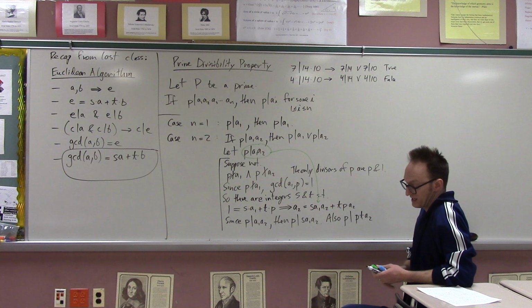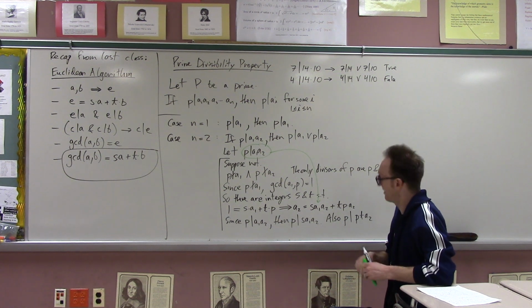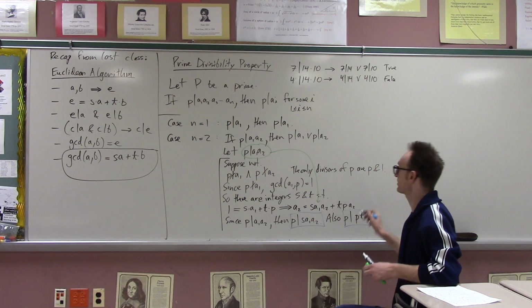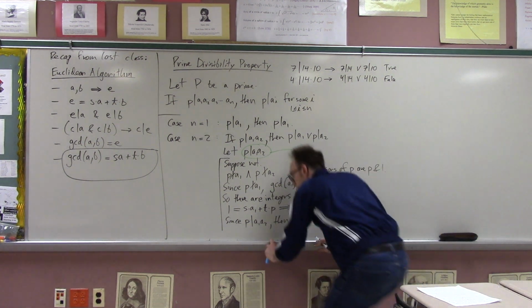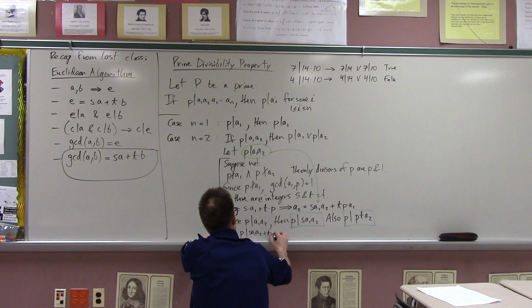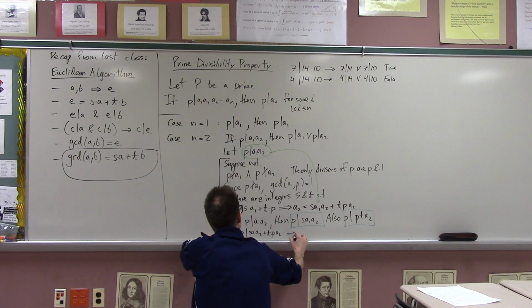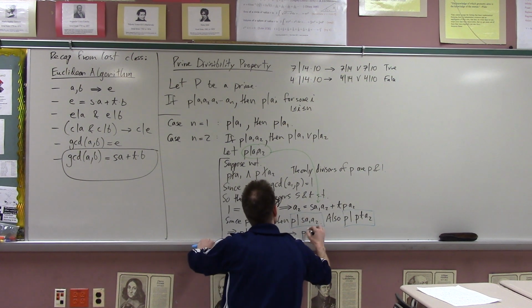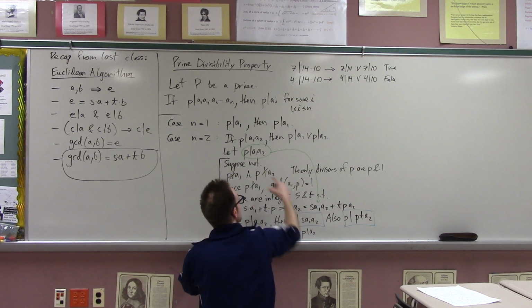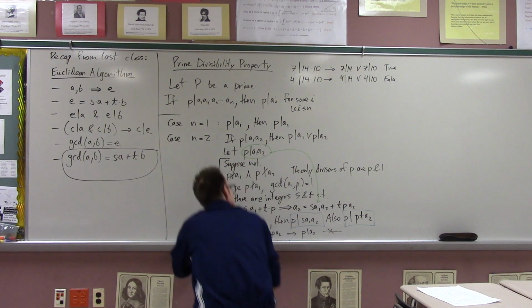So by the theorem that says that if p divides one number and p divides another, then p must divide the sum of those two, we conclude that p must divide s a1 a2 plus t p a2. But that just is a2. So this says that p divides a2. But that is a contradiction with my assumption that p doesn't divide a2.